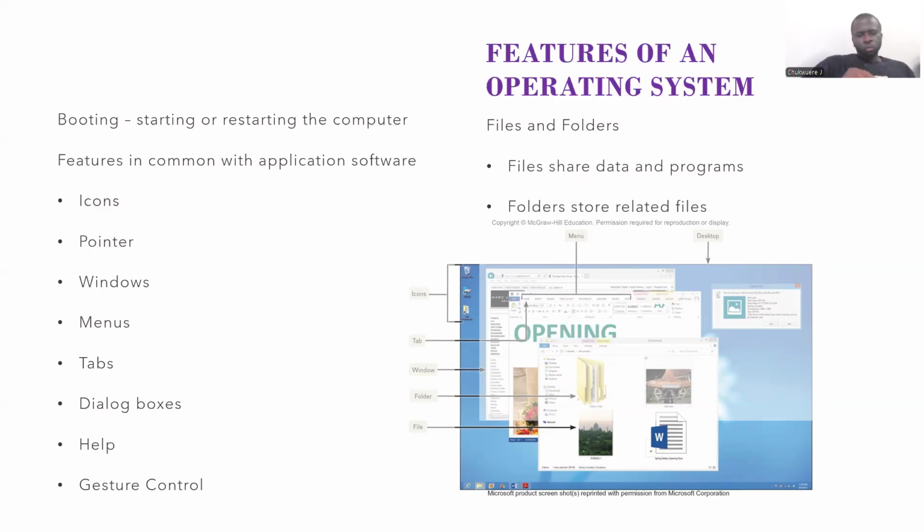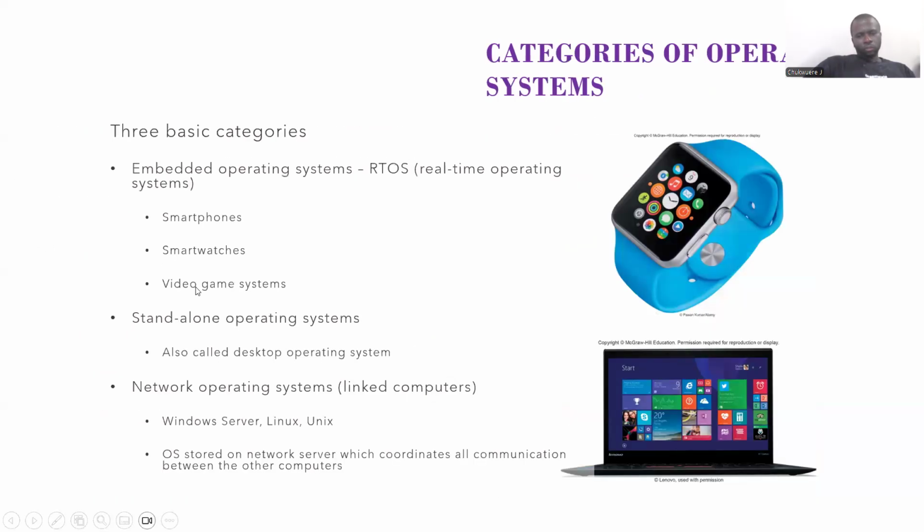You can see the function, which also has the features of your icons, your pointers, your windows, your menus, your tab, your drag box, help, ejection control, and the file folders and all the rest of them. So it doesn't end with you starting your computer. As you can see on this picture, it also facilitates all your pointers and everything. That is the features of your operating system.